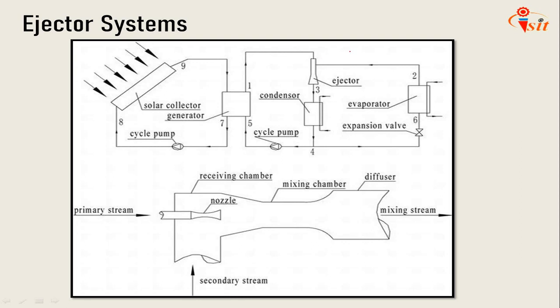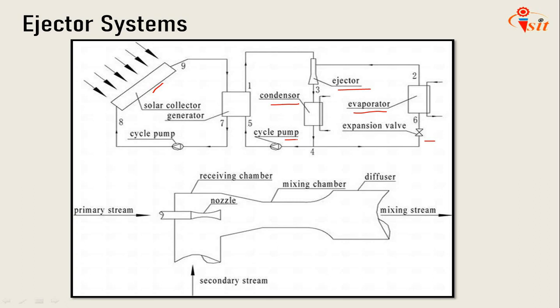The main components of the system are collector array, generator, ejector, condenser, expansion valve, evaporator and cycle pump. Now the figure is shown here in the slide.